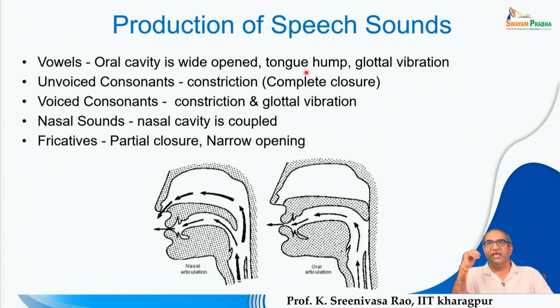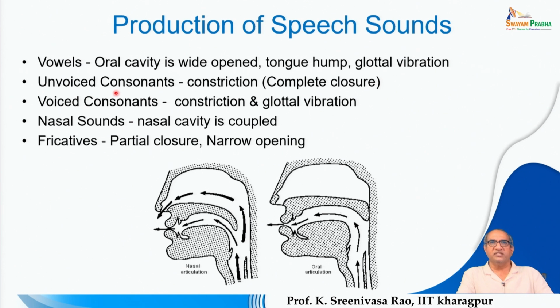For A, the tongue hump is somewhere in the middle or slightly backward. So the position of the tongue hump is responsible for the production of different vowels. But for all the vowels the excitation remains the same, that is the vocal folds vibration, known as glottal excitation.